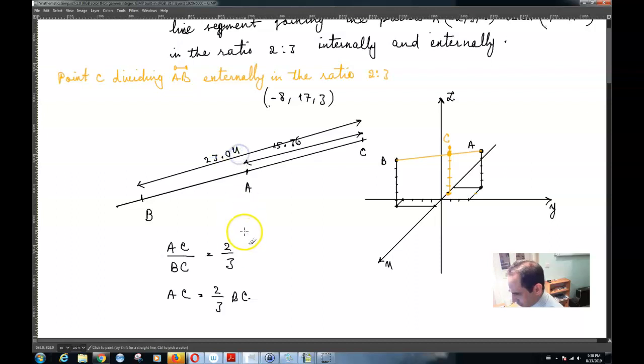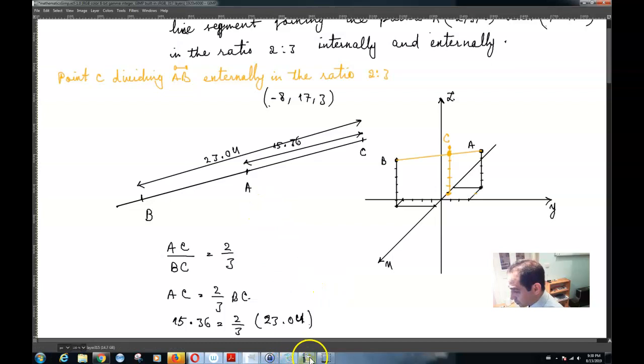If I substitute these values in this equation, I will get AC, which is 15.36, is equal to 2/3 BC, which is basically 23.04.